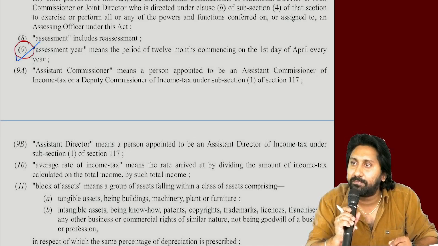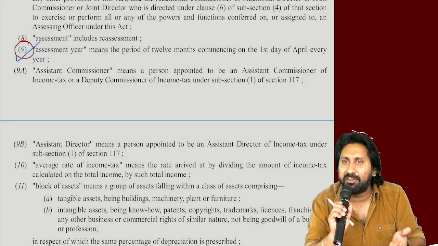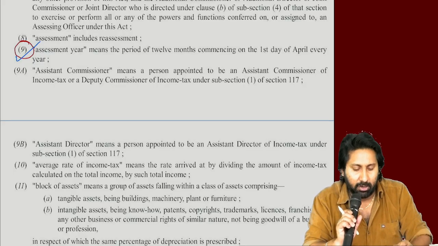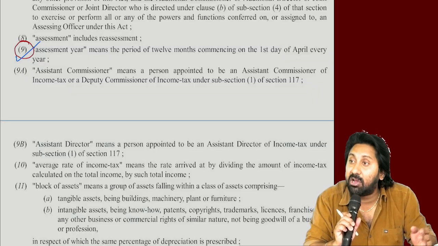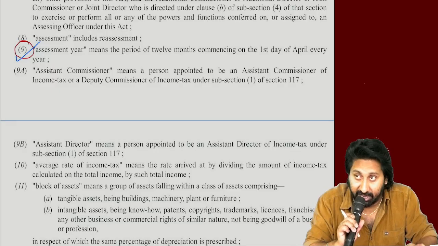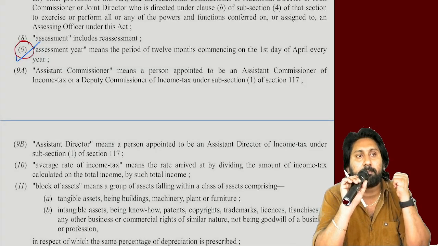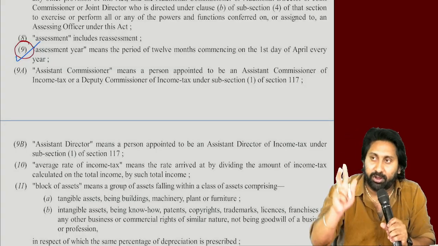That means technically it is also a financial year, a 12-month period commencing on the first day of April every year. That is called the assessment year. The previous one is called the previous year. So two definitions we completed.